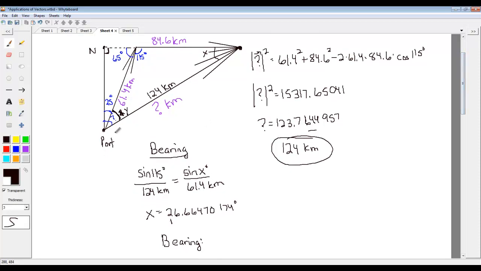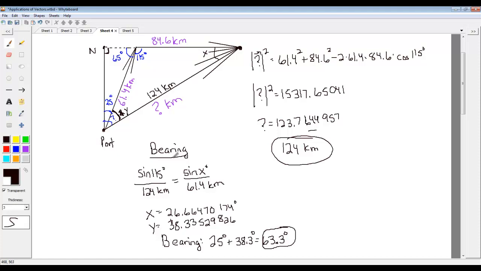And then that gives me this angle, but then if I know that's 26.66 and that's 115, then y here must be 38.3. So the bearing takes that angle and adds it to the 25, so 25 degrees plus 38.3 degrees equals 63.3 degrees.